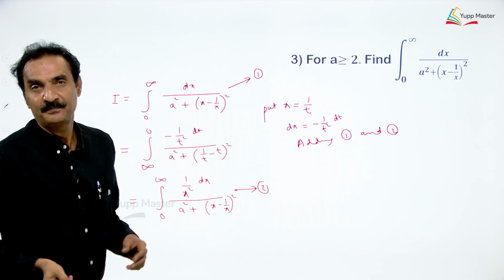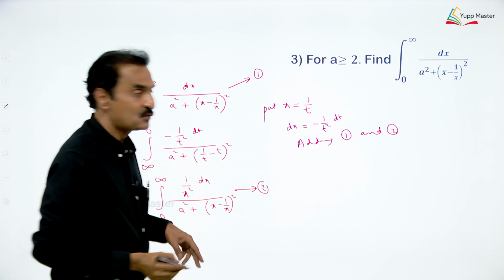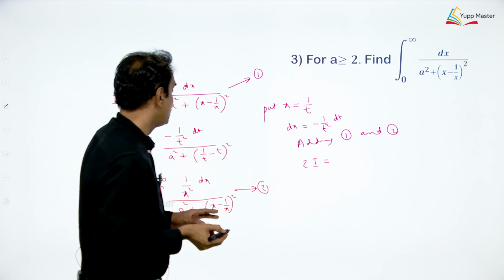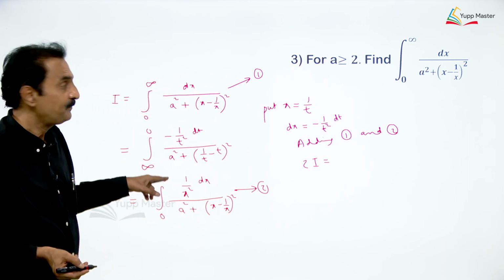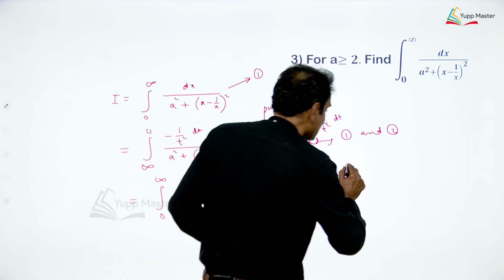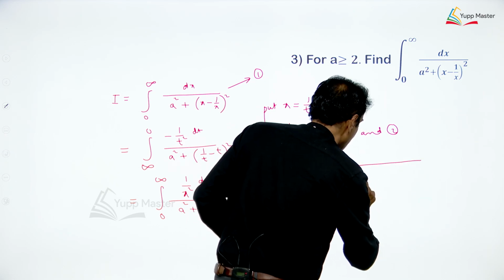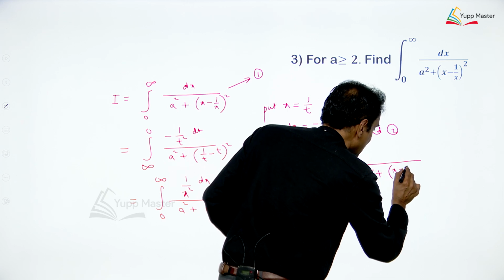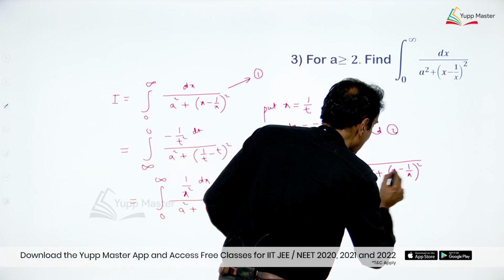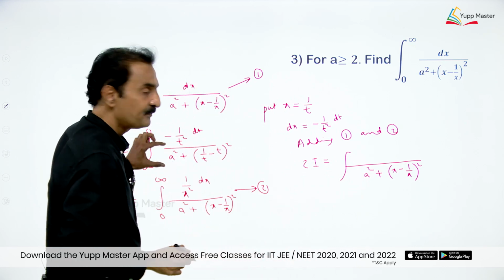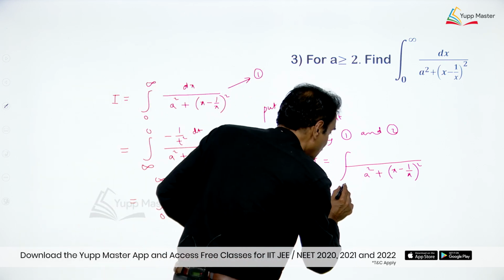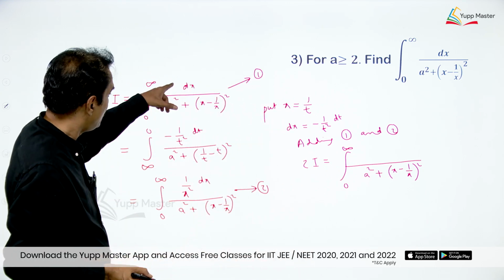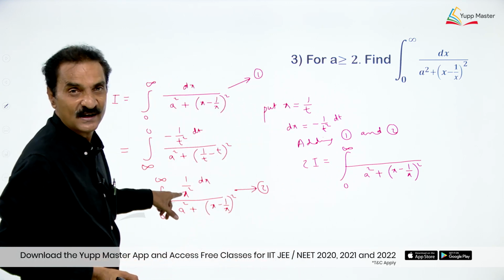Adding 1 and 2, I plus I is 2I is equal to, denominator is same, so adding the numerators, a square plus x minus 1 by x whole square, limits are same, so we can write a common integral 0 to infinity, denominator is same, so what is the sum of the numerators? 1 plus 1 by x square.